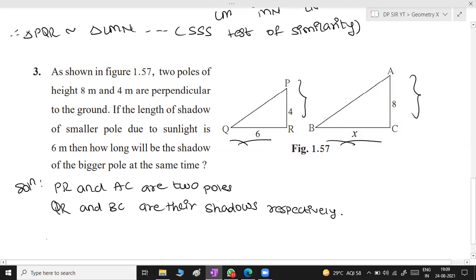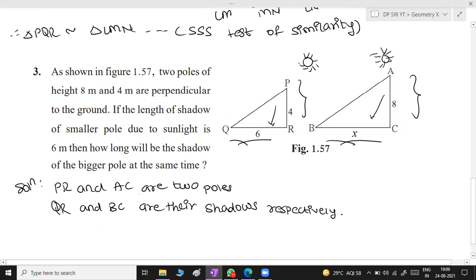And therefore, see, shadows are always at the same time. It means the sun is above, so the shadow is cast on this side on QR, and here also the sun, so these shadows are cast at the same time.